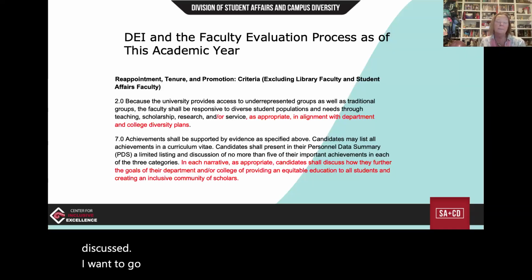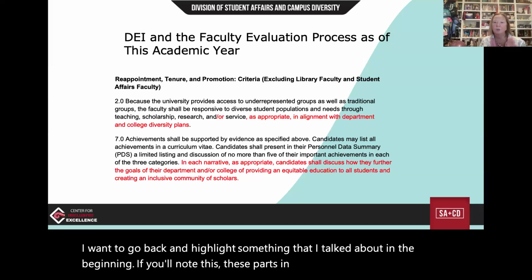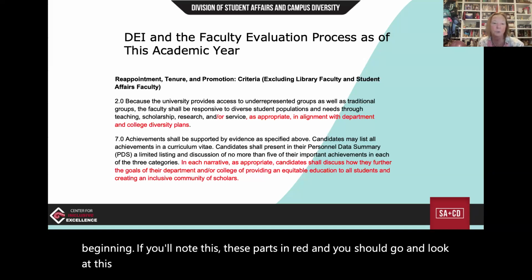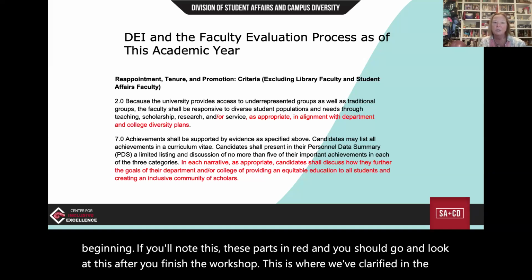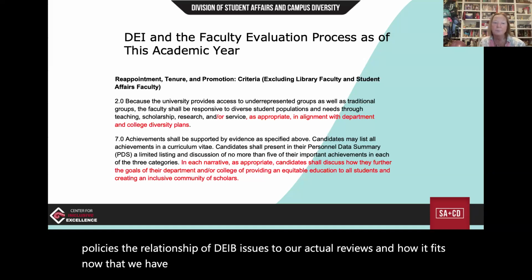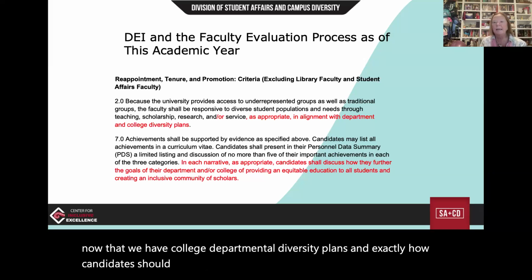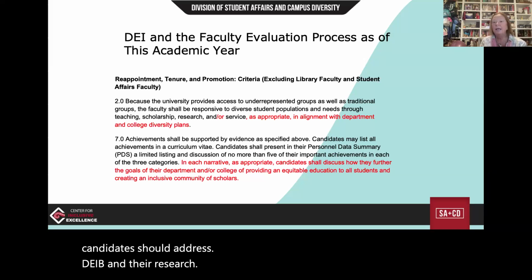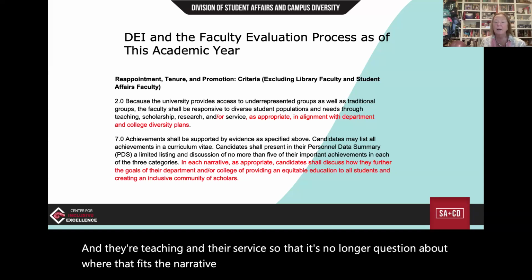I want to go back and highlight something that I talked about in the beginning. If you'll note these parts in red, you should go and look at this after you finish the workshop. This is where we've clarified in the policies the relationship of DEIB issues to our actual reviews and how it fits now that we have college and departmental diversity plans, and exactly how candidates should address DEIB in their research and their teaching and their service, so that it's no longer a question about where that fits in the narrative and how a candidate should be reviewed in regard to DEIB.